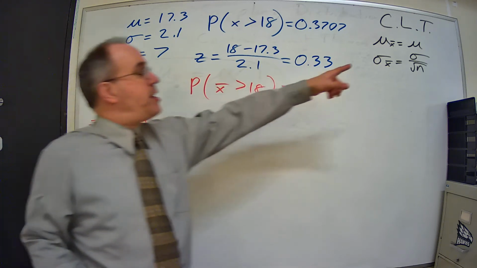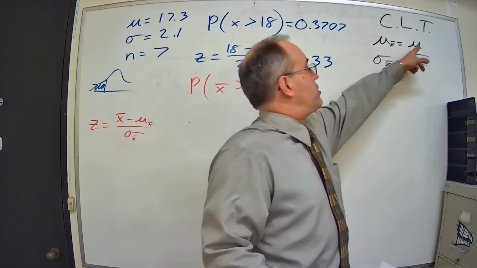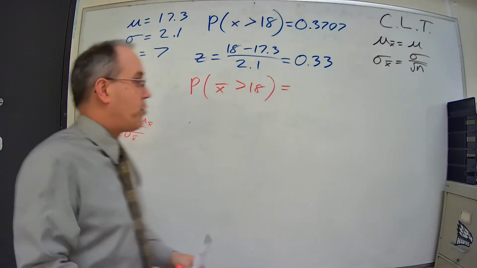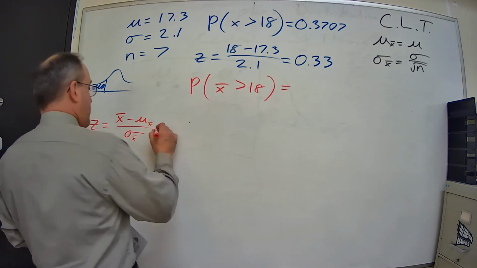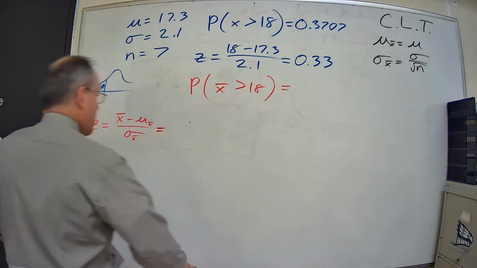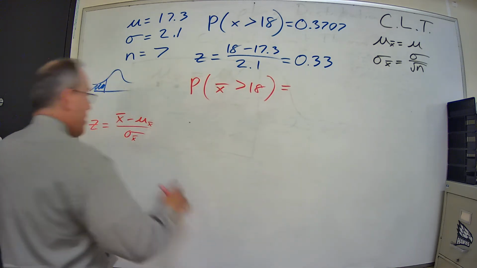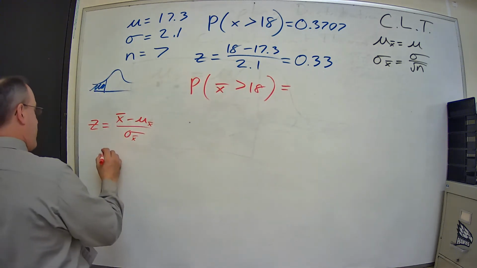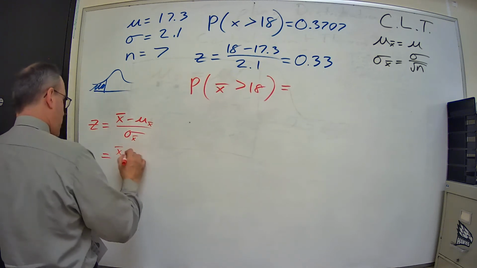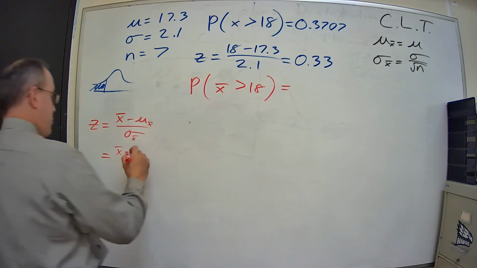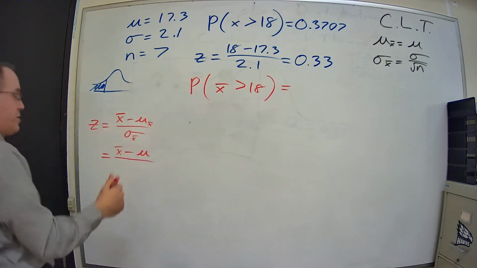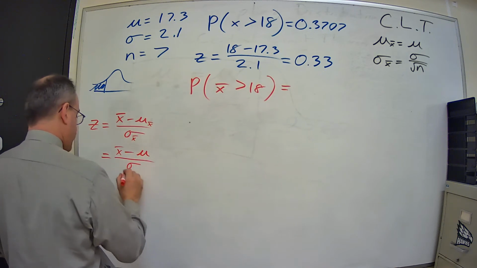Well, we know from the central limit theorem that mu of x bar is equal to mu, and sigma of x bar is equal to sigma over the square root of n. So I'm just going to substitute those in, and I'm going to do it here to keep that space available. x bar minus mu of x bar, which is equal to mu, over sigma of x bar, which is equal to sigma over the square root of n.